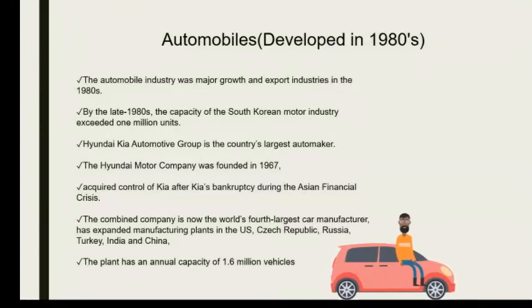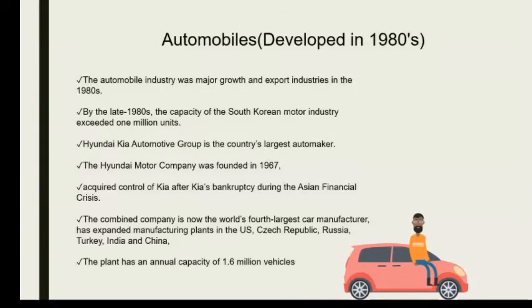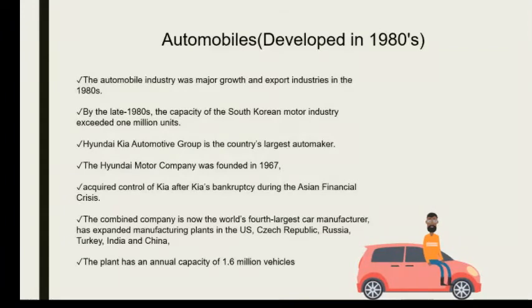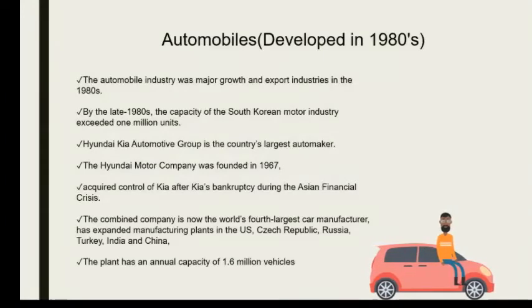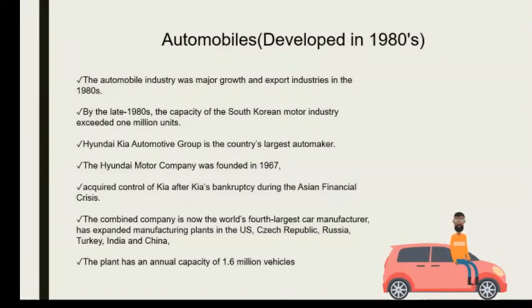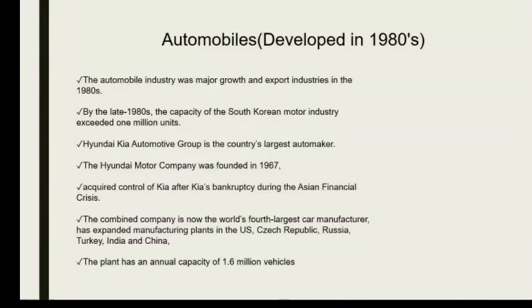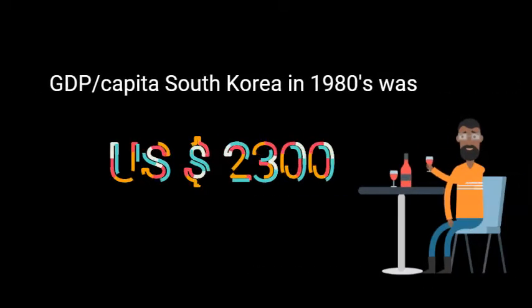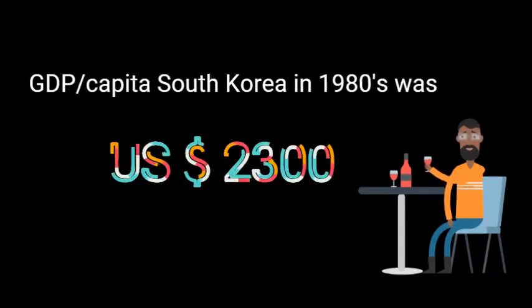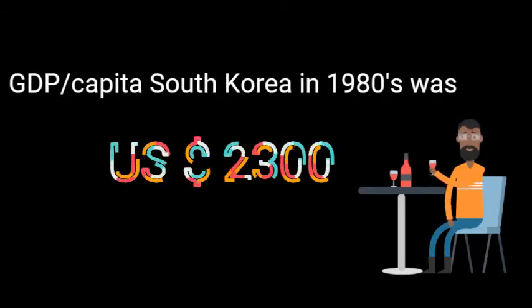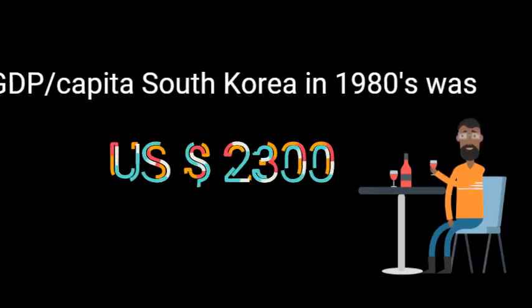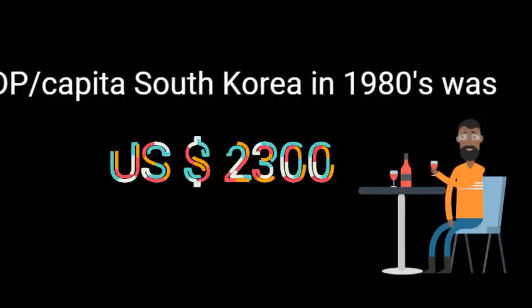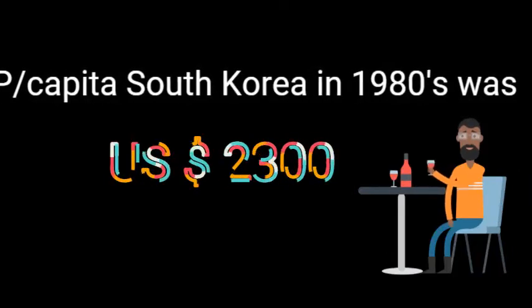The plant has an annual capacity of 1.6 million vehicles. GDP per capita of South Korea in the 1980s was 2,300 US dollars, compared to only 79 US dollars in the 1960s. Amazing.